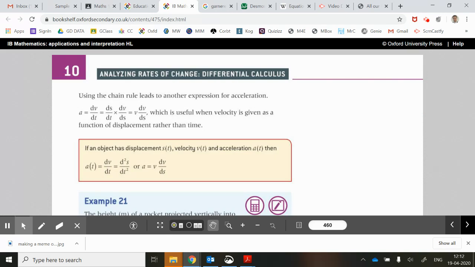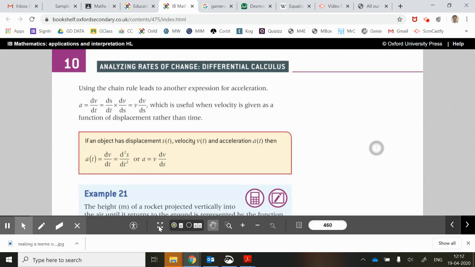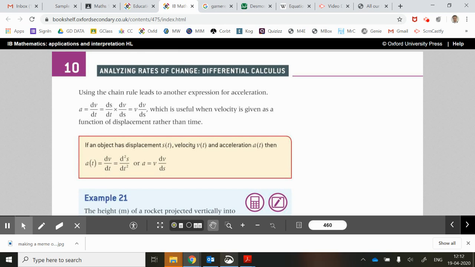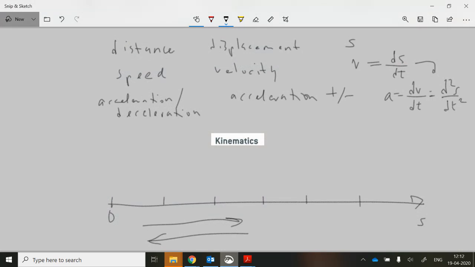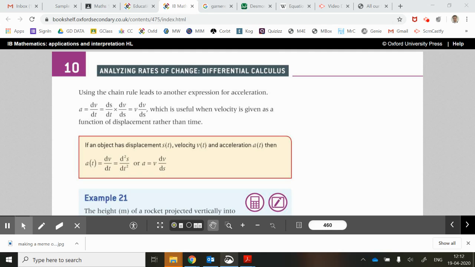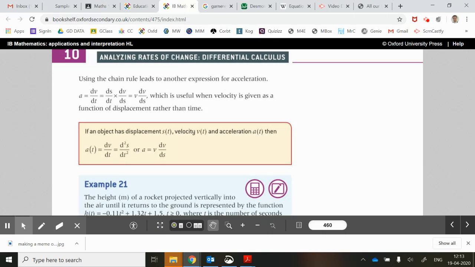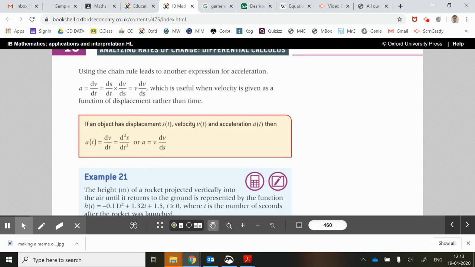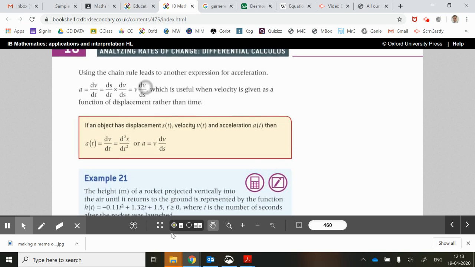Okay. Oh, one more thing, and that's that there's another really useful formula. Let's just steal this one for a second, before we go on to the question. And that's this thing here. It says, basically, if your velocity is given as a function of displacement rather than time, then it's useful to use this formula here.